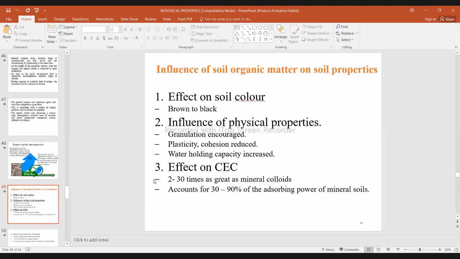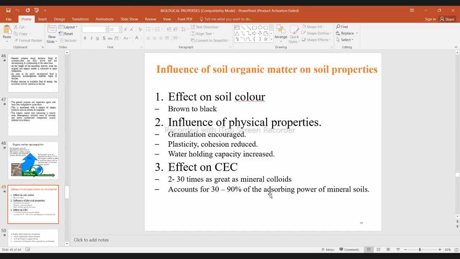Then the effects on CEC: 2 to 30 times as great as mineral colloids, accounting for 30 to 90% of the absorbing power of the mineral soil. So this is the reason for increasing the soil cation exchange capacity by soil organic matter, as the charges may increase, right?